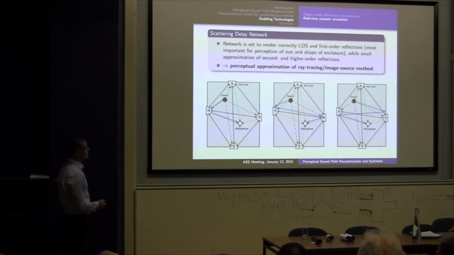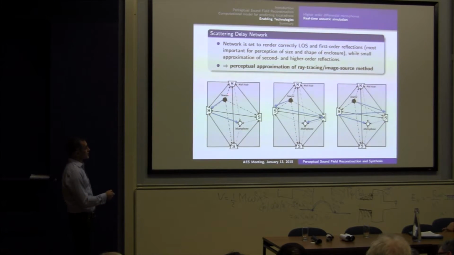So instead of calculating all these images of this source, we are simulating each one of these walls by just one node. And that is going to be exactly the position where the first order reflection is going to hit the wall.